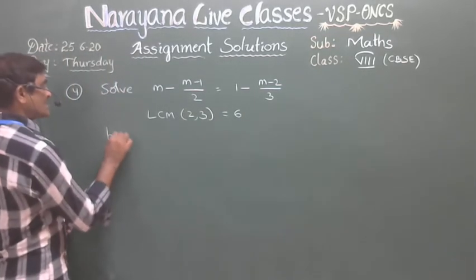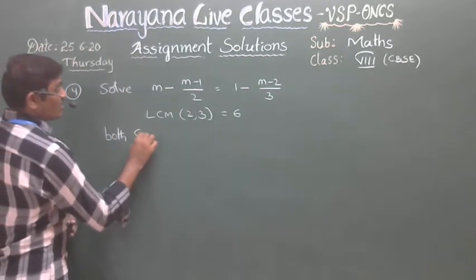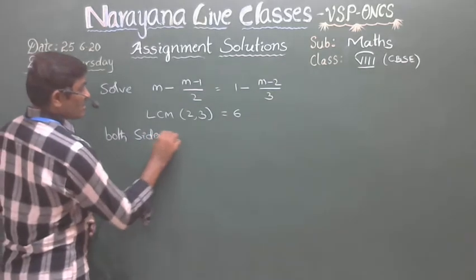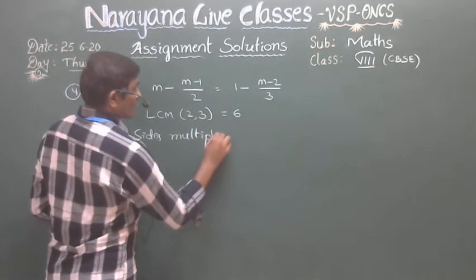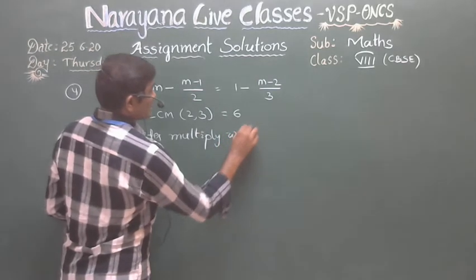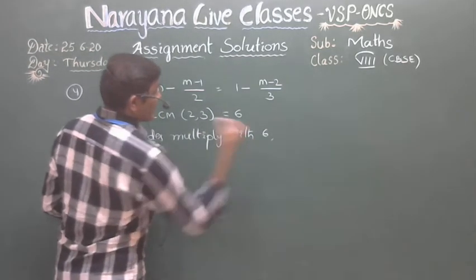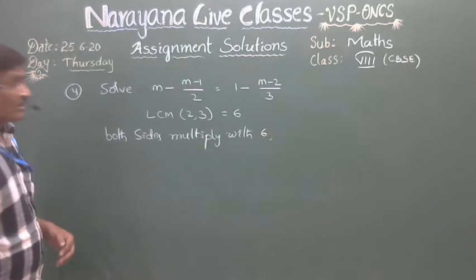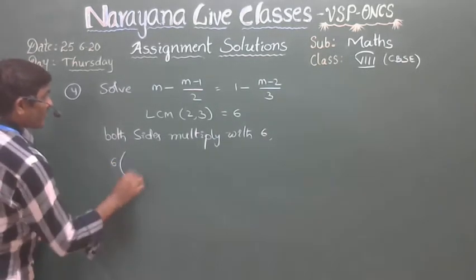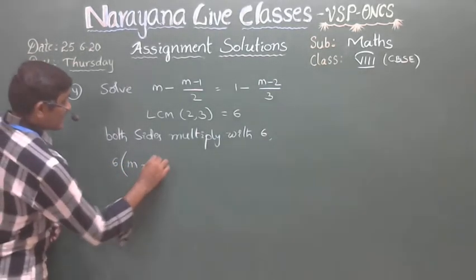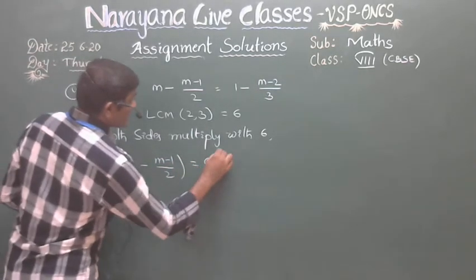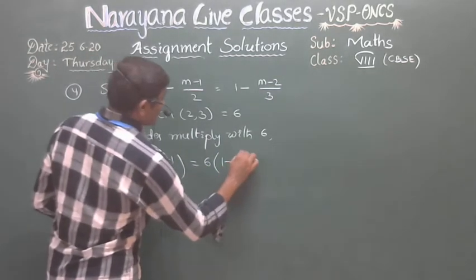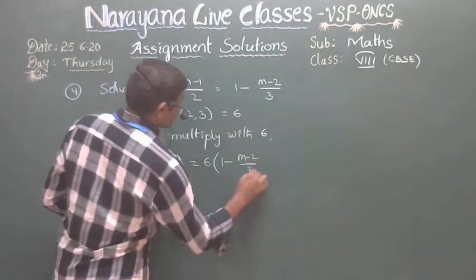Now multiply both sides with 6. We get 6 into (m minus 1)/2 equal to 6 into 1 minus (m minus 2)/3.